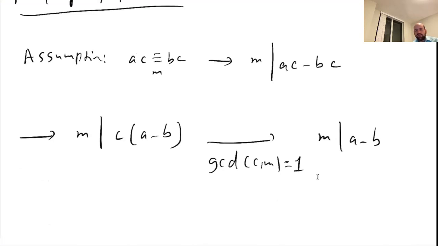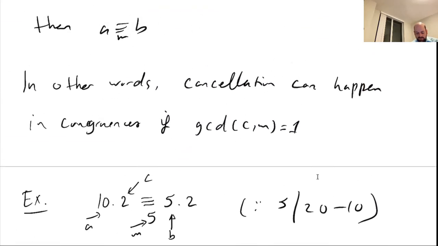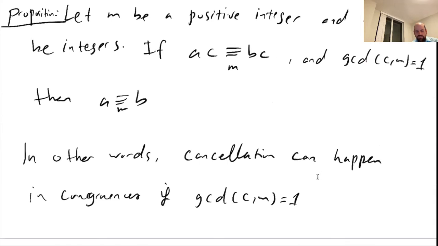So M divides A minus B by the lemma above. And M divides A minus B means A is congruent to B mod M. And that's what I needed to show, right? I wanted to show that A and B are congruent mod M.